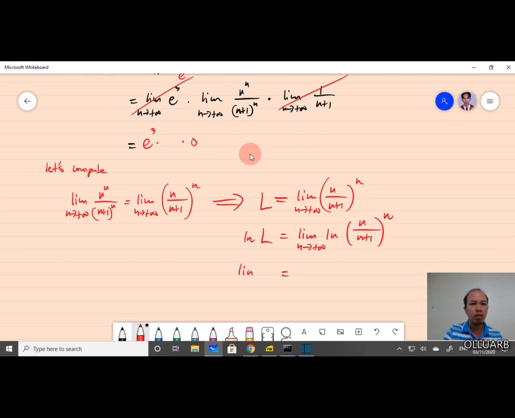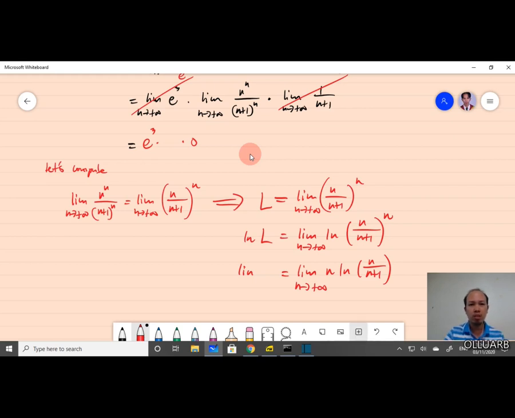Sorry, this is ln L. Correct that to ln L. And this is the limit of n times ln of the quantity n over n plus 1 as n approaches positive infinity.